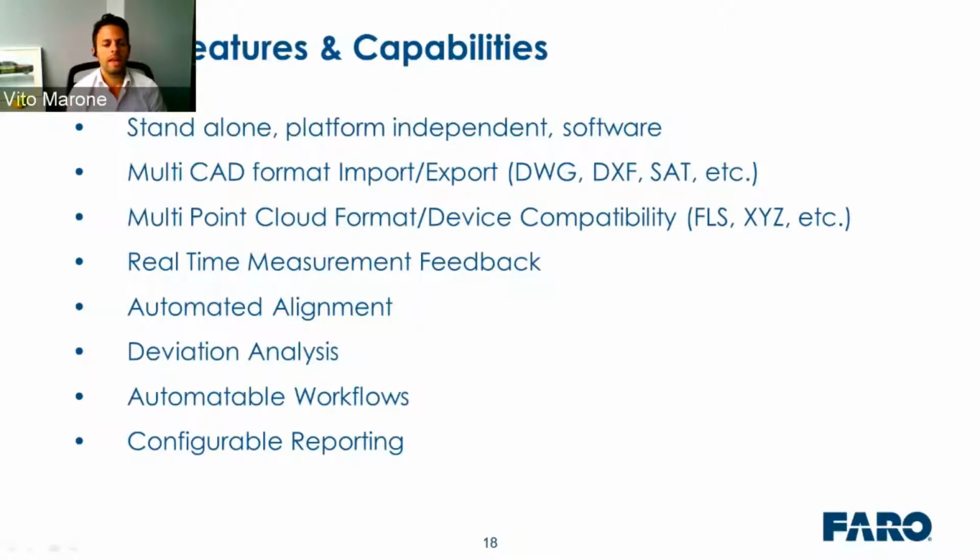In addition to that, we have algorithms that can do automatic alignment. There's a series of alignment features that are available. The software can give real-time measurement feedback. And then we can do all the analysis, including deviation analysis, and present it in various ways.